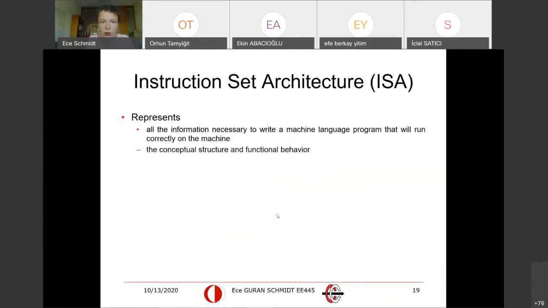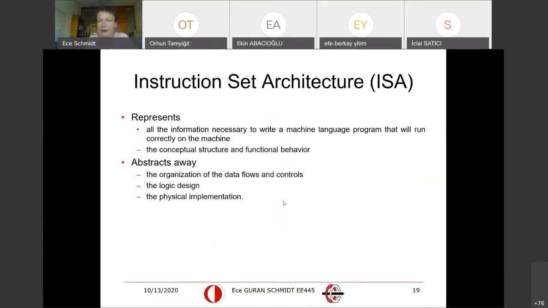So the instruction set architecture, because it's what we are talking about all the time and it's a new term, represents all the necessary information to write a machine language program that will run correctly on the machine. The machine language program is normally the output of the compiler, but you can also write it yourself, and in the 446 labs you can write machine language programs yourself. It describes the conceptual structure and the functional behavior of the hardware.